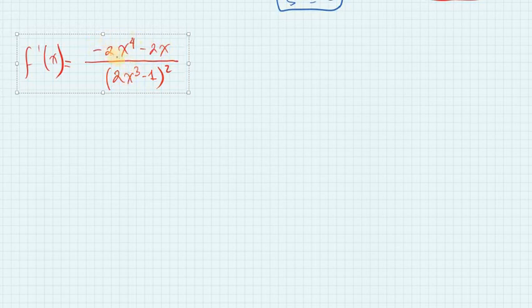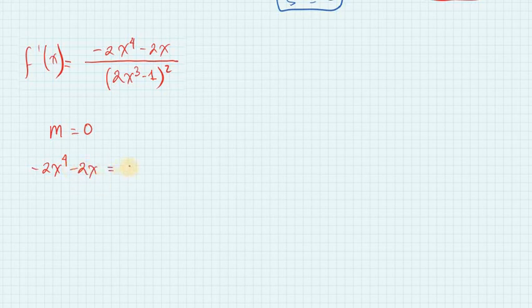But in this case, we can say the gradient will be 0, so the m will be 0 when negative 2x to the power of 4 minus 2x is equal to 0. So let's calculate this, factorize this.